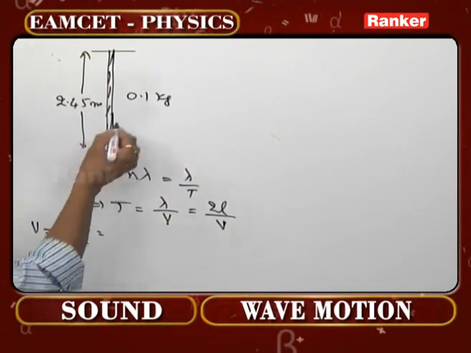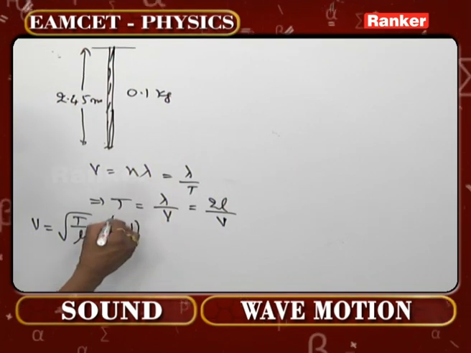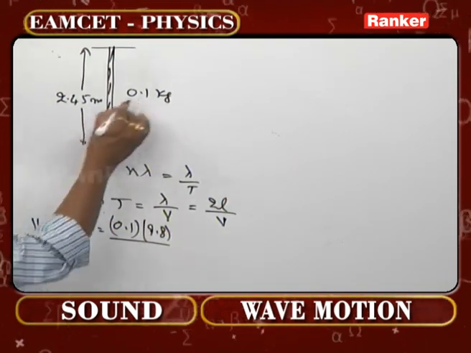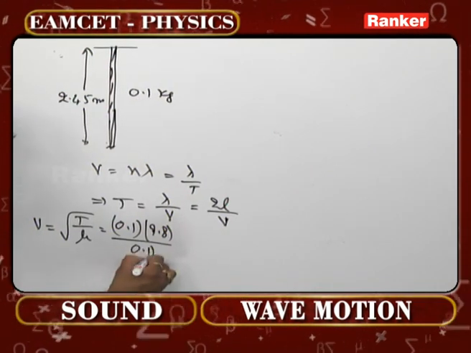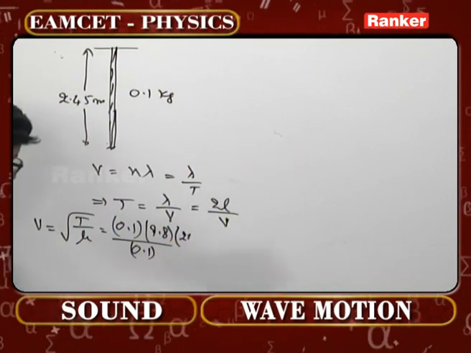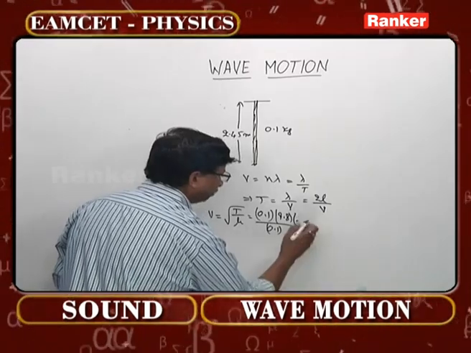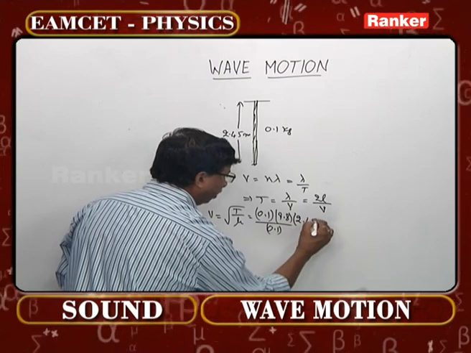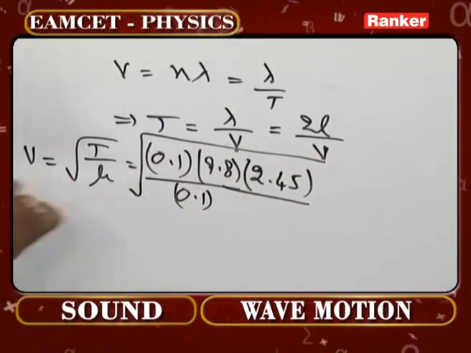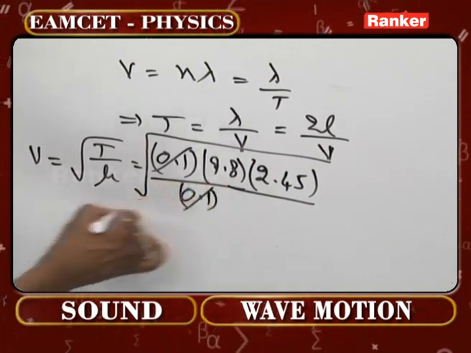What is the value of tension over here? 0.1 into 9.8 by, what is mu? Mass per unit length, 0.1 divided by 2.45. That is a value that has been given. You check that one. 2.45. All under root I should take. This is for velocity. Look at these two, they get cancelled.